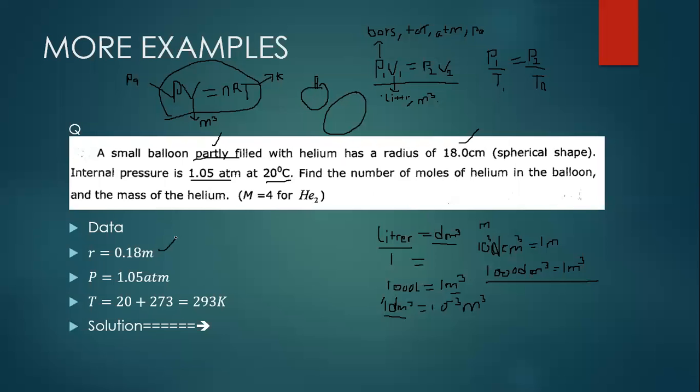We know the radius, we know the pressure, and we know the temperature always has to be in Kelvin. So which formula are we going to use? Depending upon the formula, we shall either keep the pressure like this, or we might change it to Pascal. We want to find the number of moles for helium.